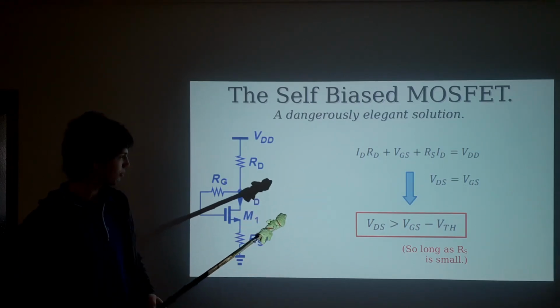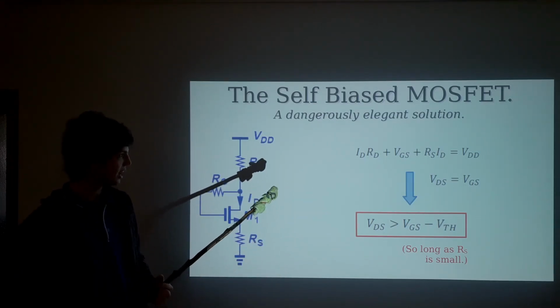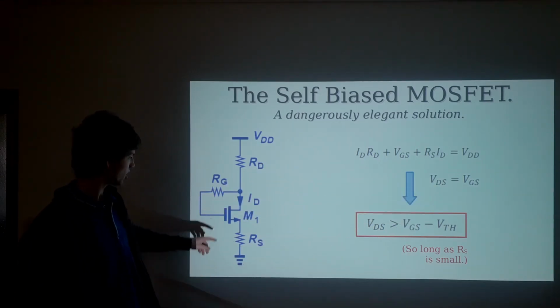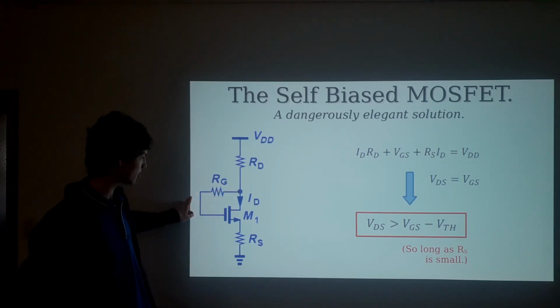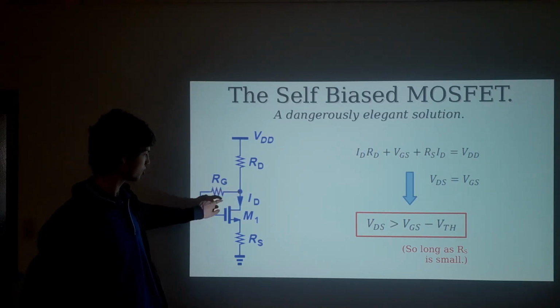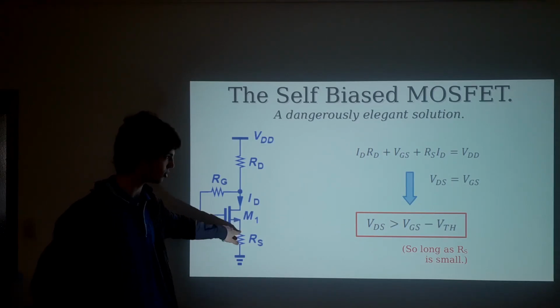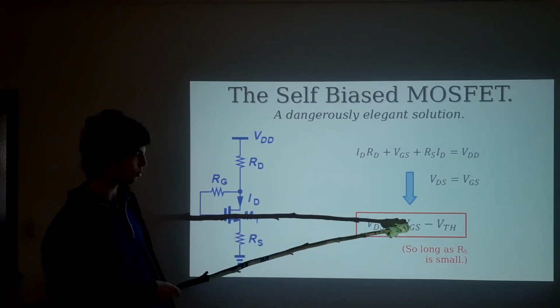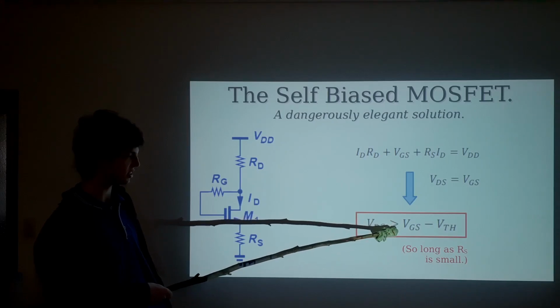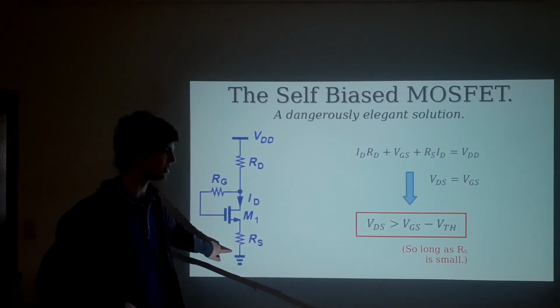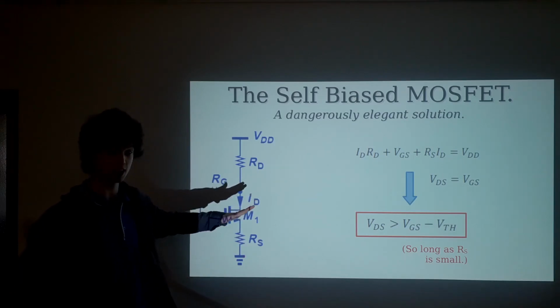But if we actually work this through, we can figure out that the drain to source voltage, again, because there is no current going through here, is going to be the same as the gate to source voltage, which means it automatically satisfies this condition, so long as there's nothing really weird going on with this R, so long as the R is smallish, right?